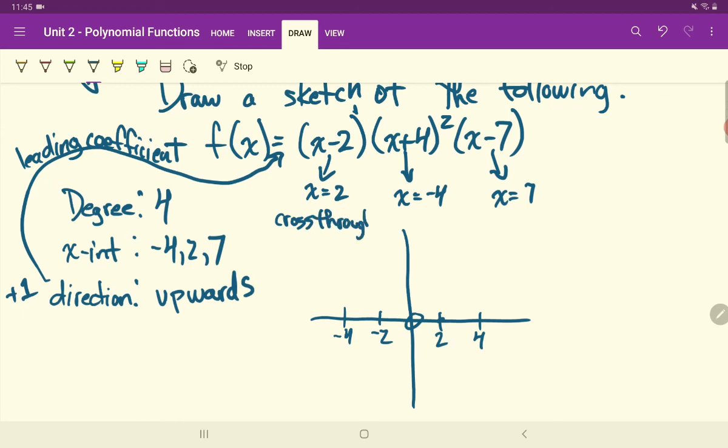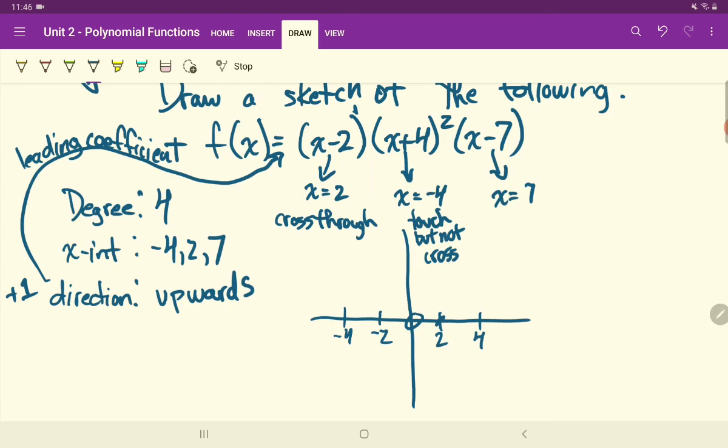But look at x equals -4. I'm definitely going to cross through at 2. Look at -4 though. It's a second order intercept, which means it won't actually cross through. It will touch, but not cross.